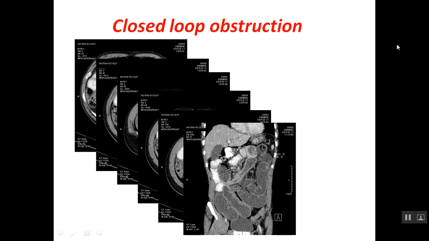Another topic about closed loop obstruction I forgot to mention is that closed loop obstruction could be produced by adhesions or by herniation, and some types of closed loop obstruction in the large bowel could have the same picture but are named volvulus, such as sigmoid or cecal volvulus.